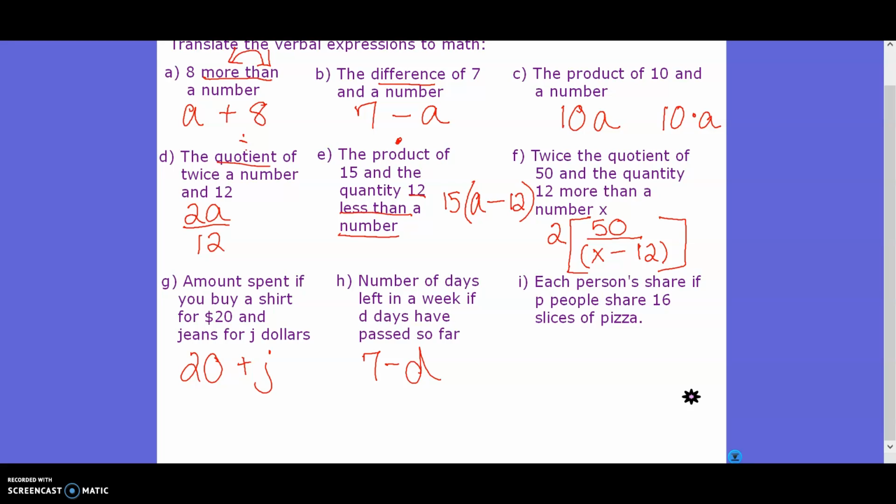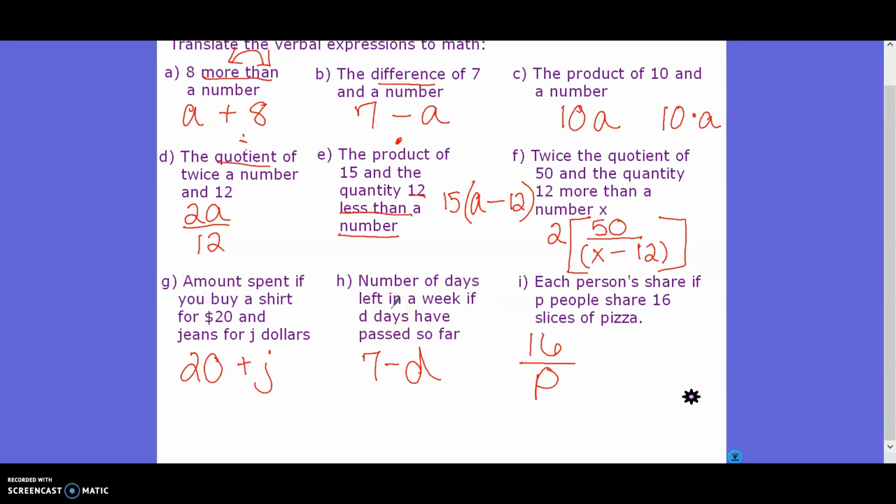Each person's share if P people share 16 slices of pizza. So if we have 16 slices and we invite P amount of friends to have pizza with us, oops, that P looks a little messy. That would be our value right there. Let me rewrite that. P. And these are your translations.